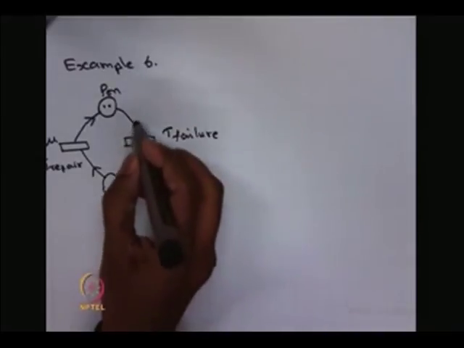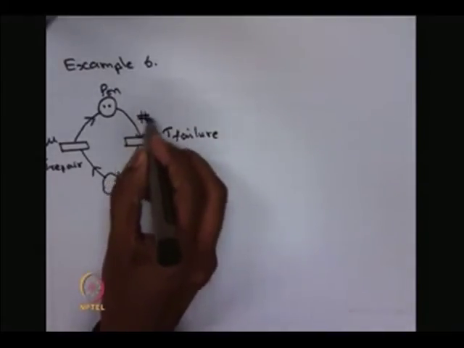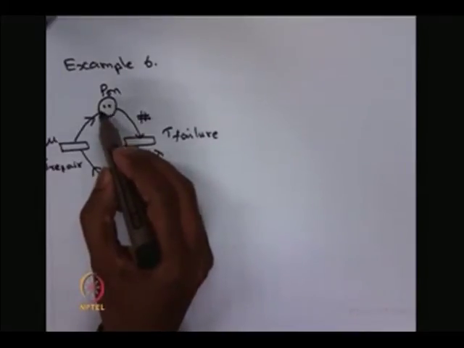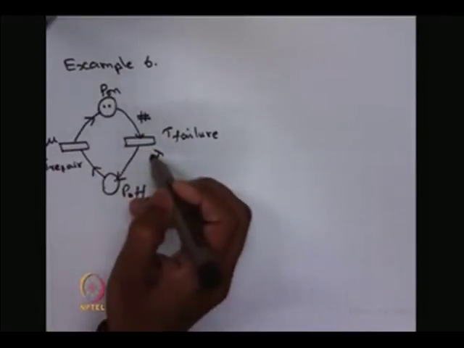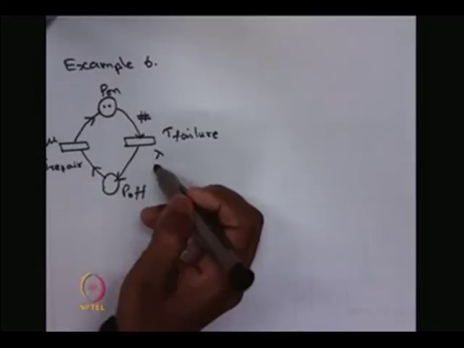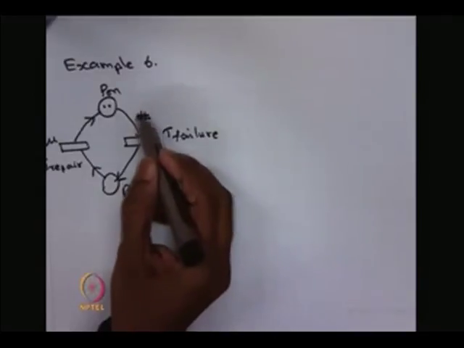Therefore, there is another symbol called asterisk. If there are two tokens in the place P on, then the rate will be 2 lambda. If one token in the place P on, then the rate will be lambda. For that we have used the asterisk.